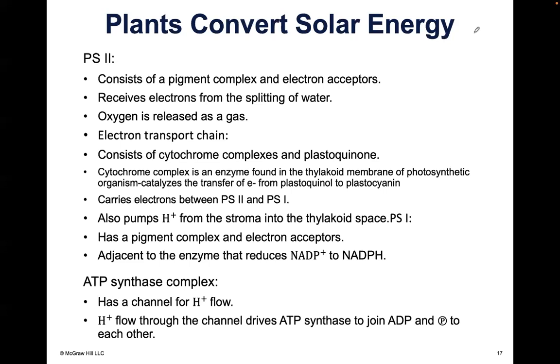So mind you, I actually want to show you how we can write the reaction. It's not difficult. You have NADP plus, plus 2 electrons, plus a hydrogen ion.